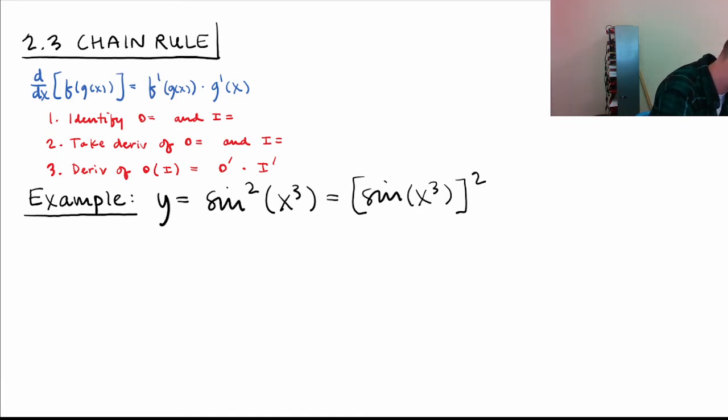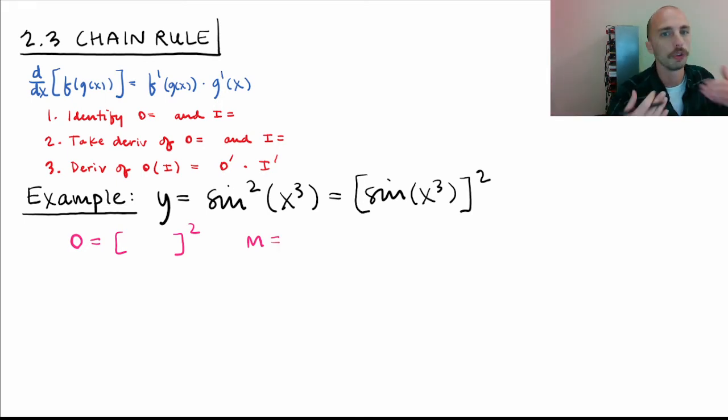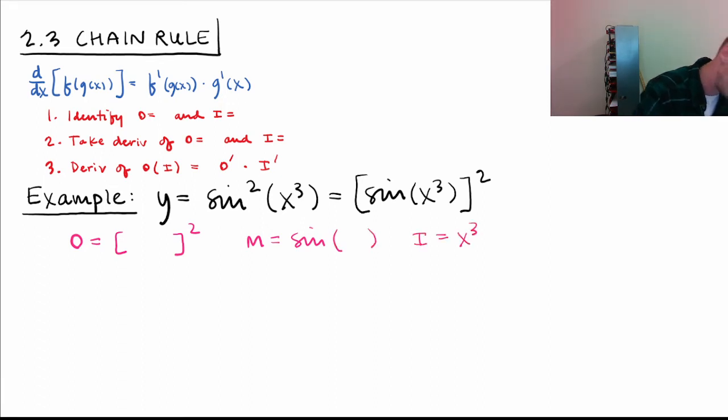So I'll go over here and I'll say, all right, my outside is going to be the thing squared. Okay, I've got a middle now, right? That's the sine. So I'm just going to do outside, middle, and inside and multiply all the derivatives together just like I've been doing. Okay, middle is the sine. And the inside is equal to x to the 3.